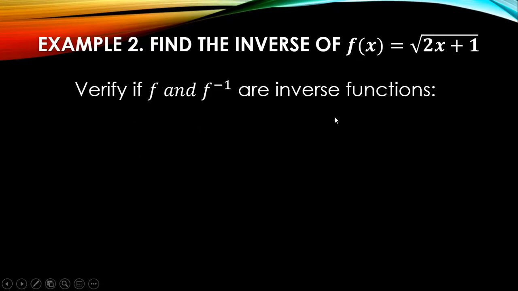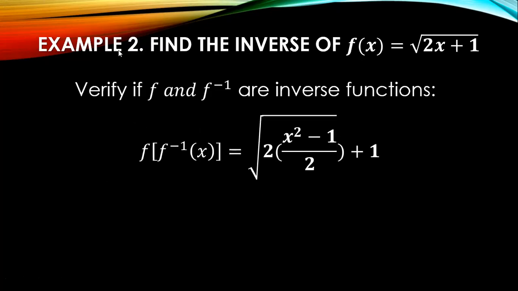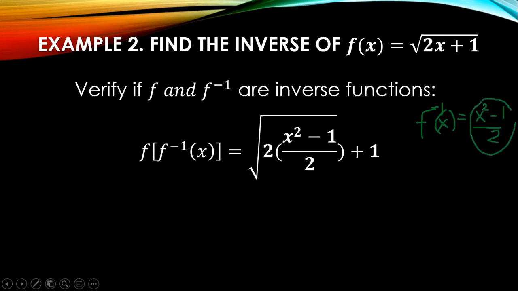Now, let us verify again. So, sinubstitute lang natin yung nakuha nating inverse function sa original. Ano ulit yung inverse function? Sagot natin kanina, that is x squared minus 1 all over 2. Diba? So, itong buong to ulit, isa-substitute dito sa loob ni x.